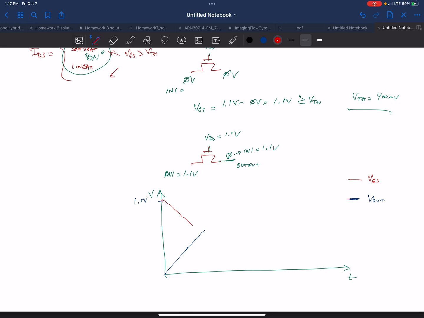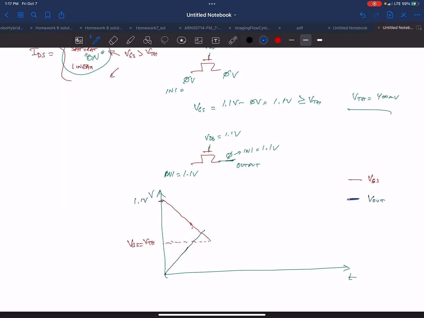So the gate is staying the same, my source is coming up, my gate source value is shrinking, and at some point, my V gate source is going to end up being equal to my threshold. So at this point, you are at VGS minus VT equal to V threshold.